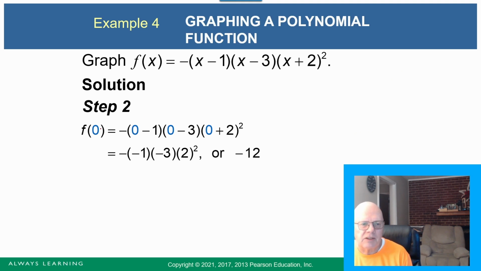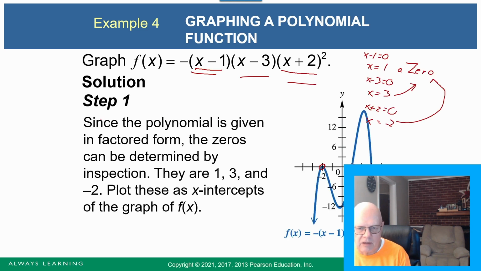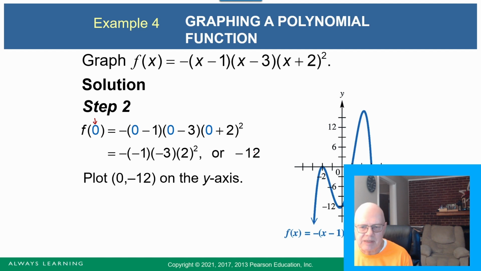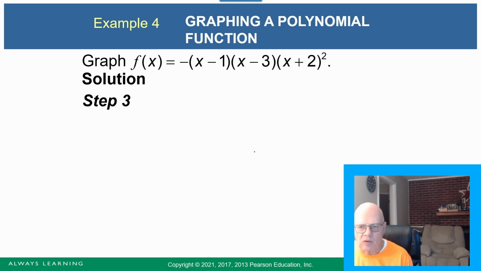So all you need to do, f of 0 will give you the y-intercept, which you'll get down here, a negative 12. So plot that and your x-intercepts, and there you go.